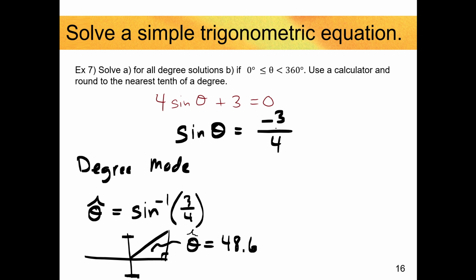This is not an angle. This is the ratio already, and you're trying to get backwards to your angle. So we have a reference angle of 48.6 degrees. I just want to make sure that you guys get 48.6 degrees in your calculator if you tried it.